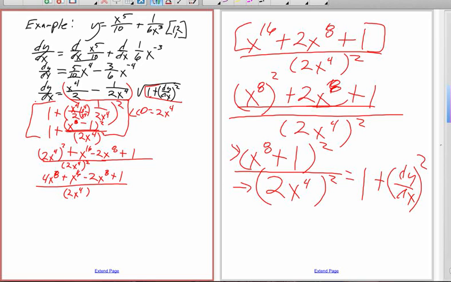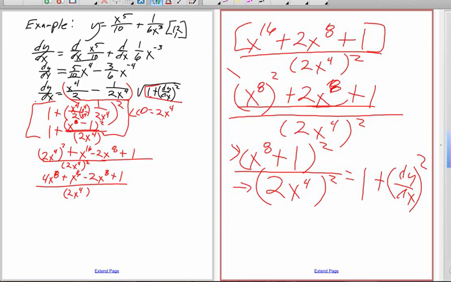And then try to write this thing where you've got a square on top and a square on bottom. And that's going to make things so much easier and so much nicer. Because that's what I ended up with over here once I did the whole kit and caboodle: I ended up with a square on top and bottom, and then the square roots canceled them all out.